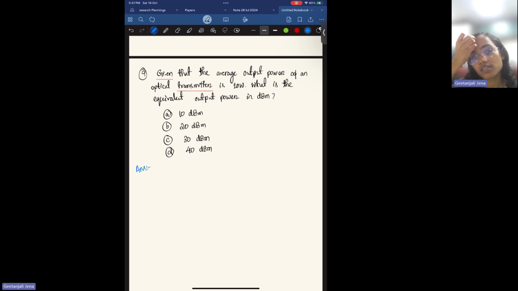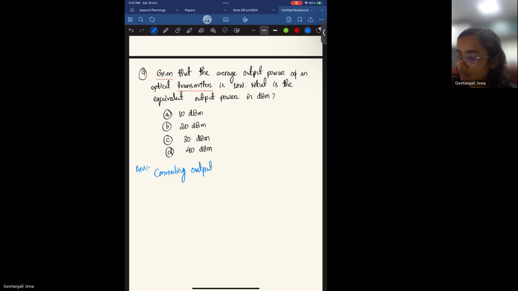So you have to express the output power in terms of dBm instead of watt. If you recall, there is a relation for converting output power from watts to dBm.